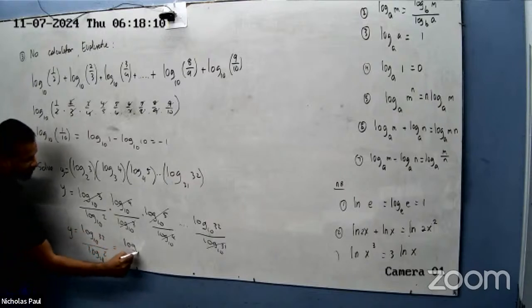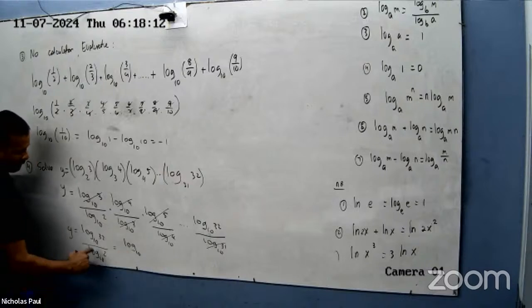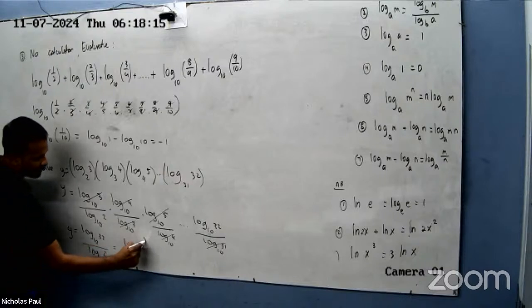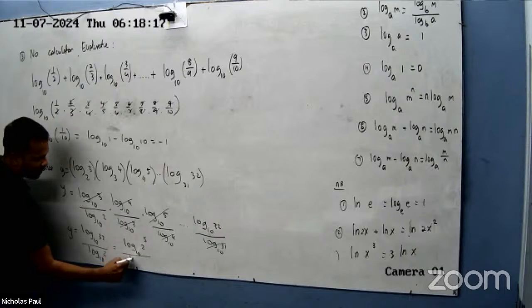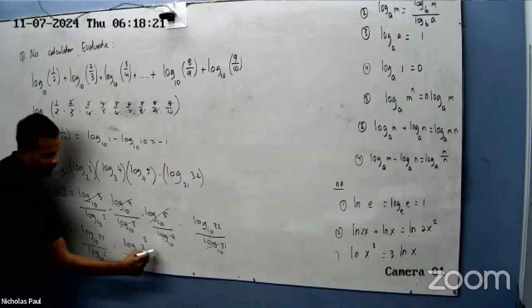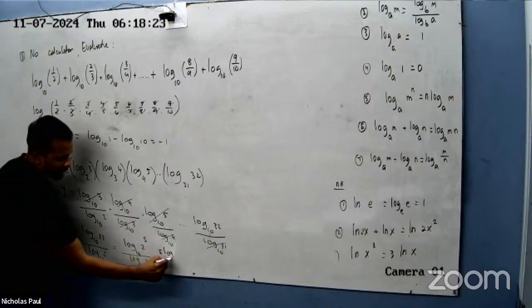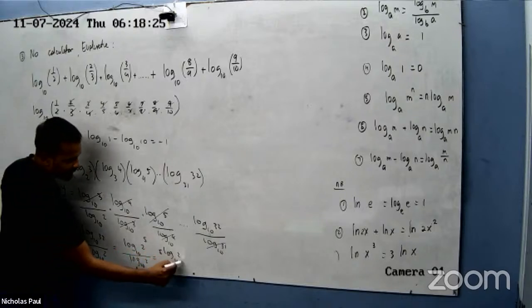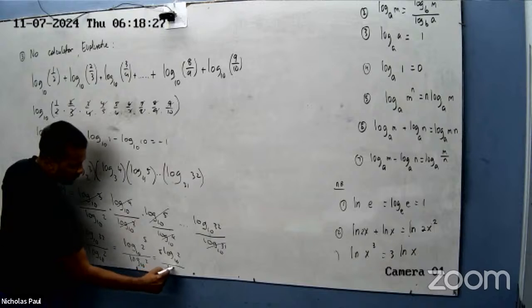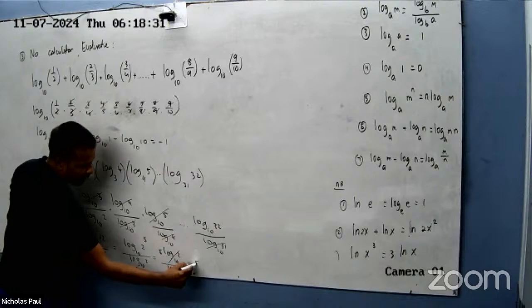So this is log to the base 10 of 32, which is 2 to the power 5, all over log to the base 10 of 2. Bring the 5 in front, and you'll get log to the base 10 of 2 all over log to the base 10 of 2. This will cancel, and you'll get 5.